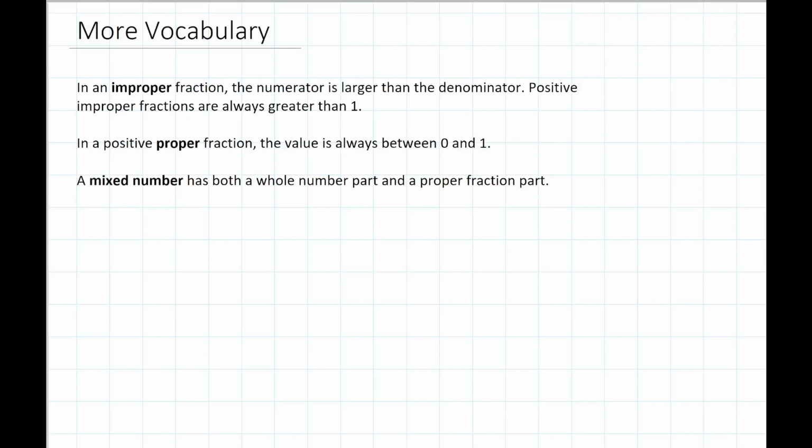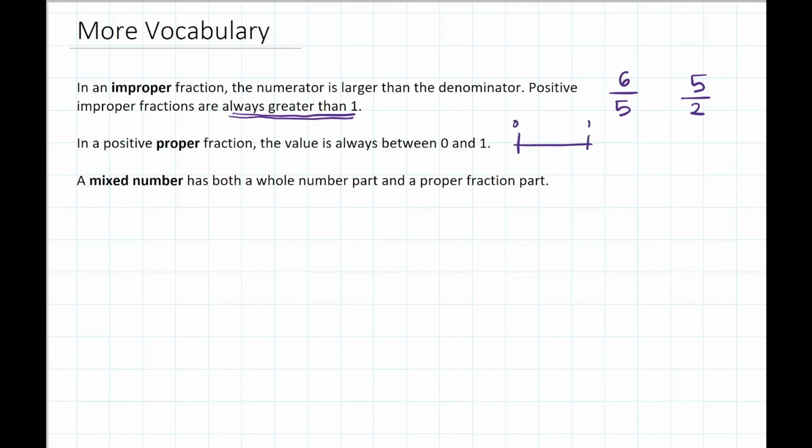All right. So before we go, some important vocabulary. You saw some improper fractions in that last one where the numerator is larger than the denominator. We had 6 fifths and we had 5 halves. Anytime the numerator is bigger than the denominator, that's an improper fraction. And also, if it's positive, then we know it's always greater than 1. We have more than a whole thing. A positive proper fraction is always going to be stuck between 0 and 1.